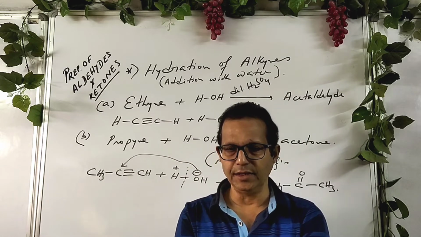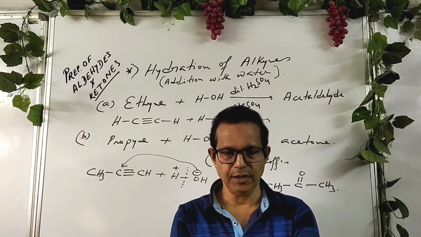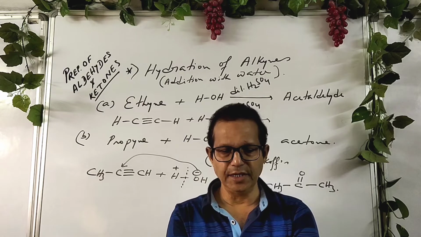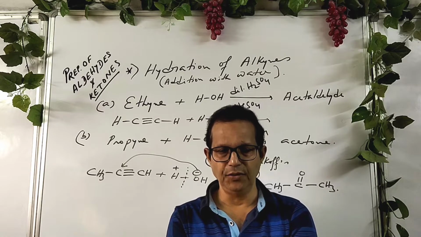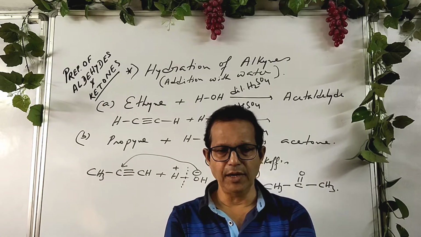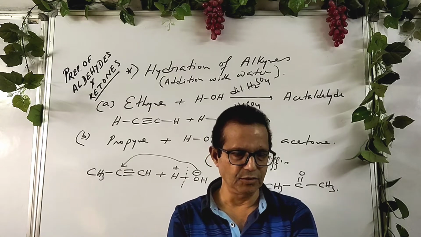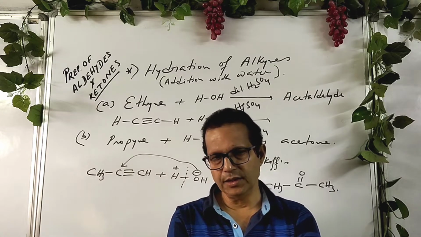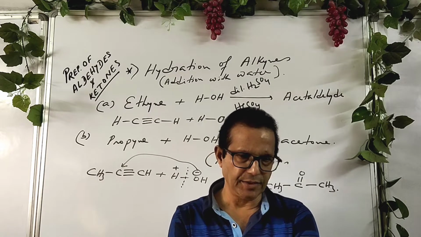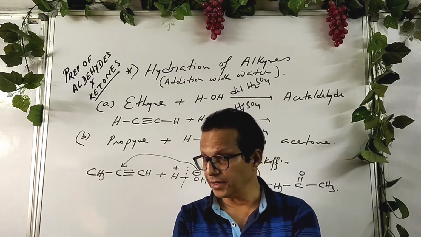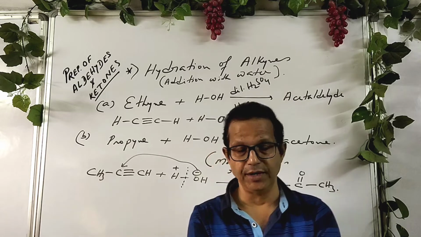When propyne reacts with water in presence of dilute sulfuric acid and mercuric sulfate, we get acetone. These are important for a board exam, but in entrance also it is important.